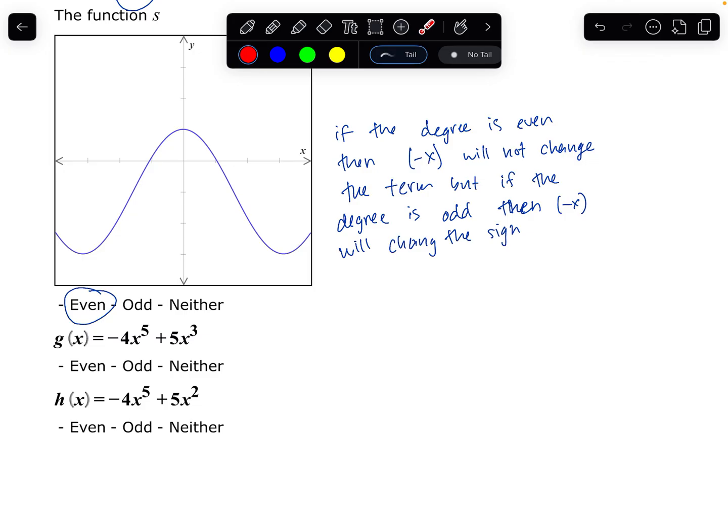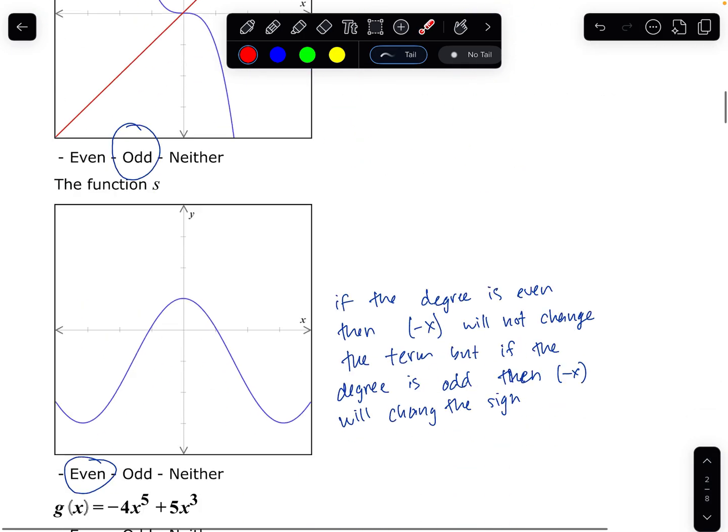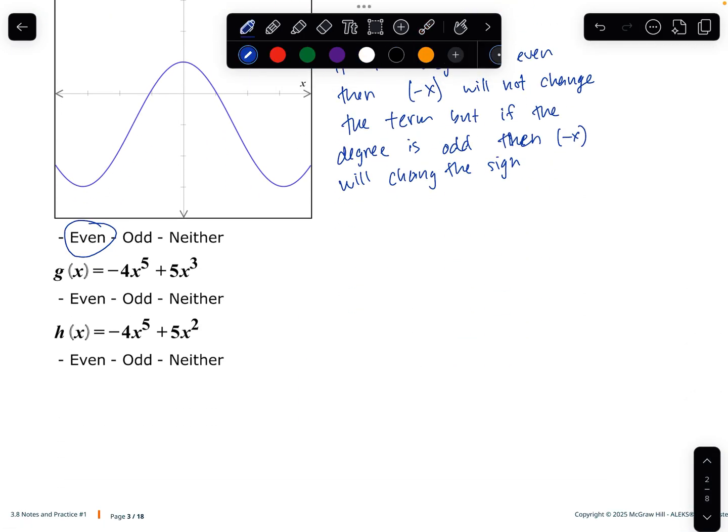So take a look right here. So I have g of x, and I know that g of x is equal to negative 4x to the fifth and 5x to the third, but what is g of negative x equal to?